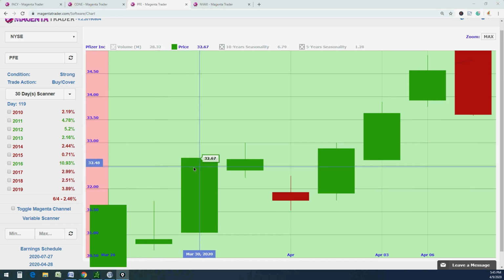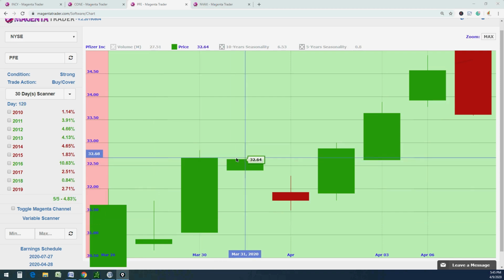The very next day, it also gave another strong recommendation of buying. The next day after that, it said it's still okay to be buying based on all the technical analysis data that's out there.